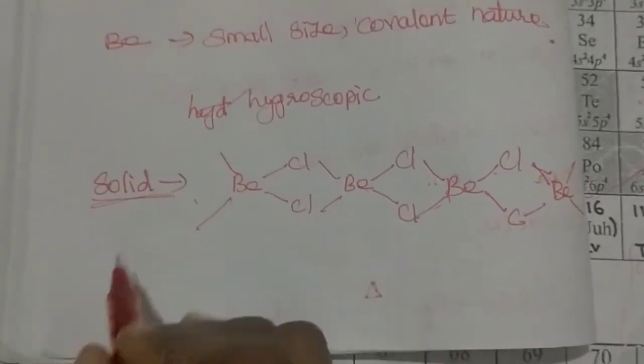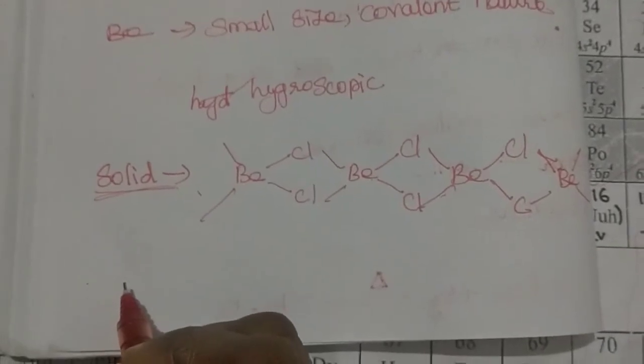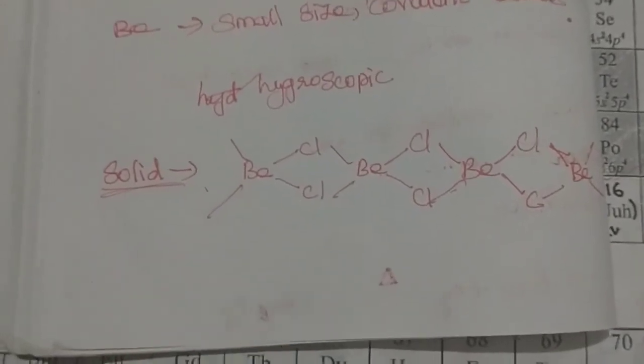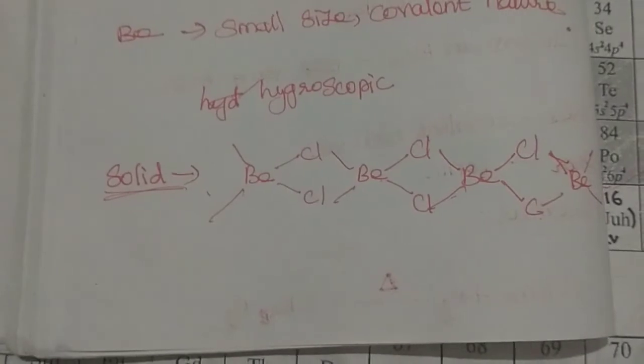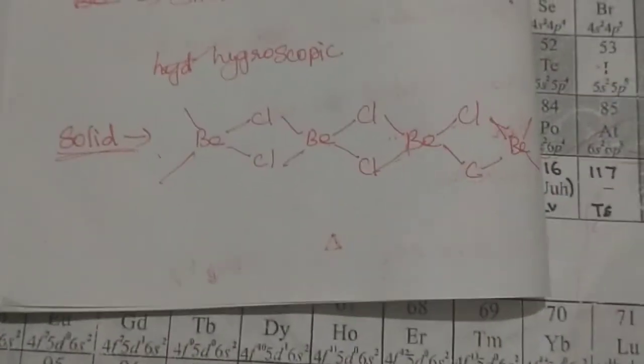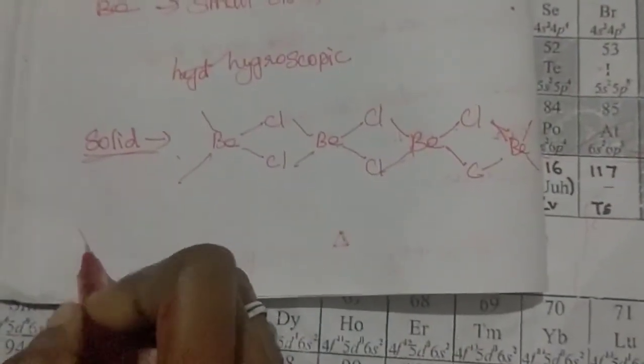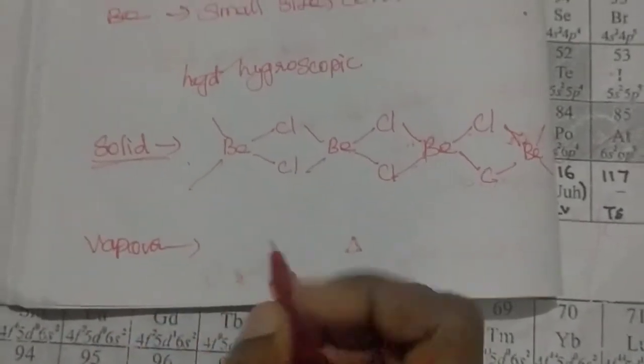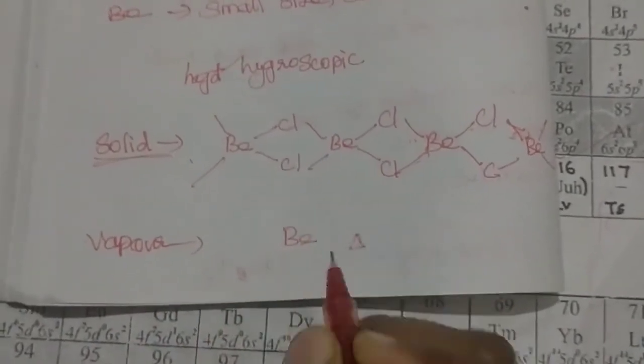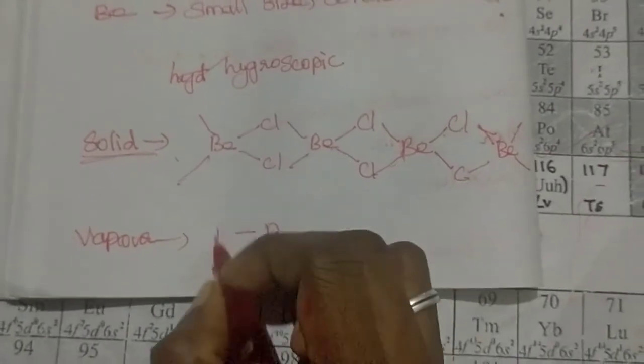And when beryllium chloride is present in the vapor state, it shows a chloro bridge dimer structure. So what is the chloro bridge dimer structure? It is present in the vapor state and looks like this, a chloro bridge with beryllium.